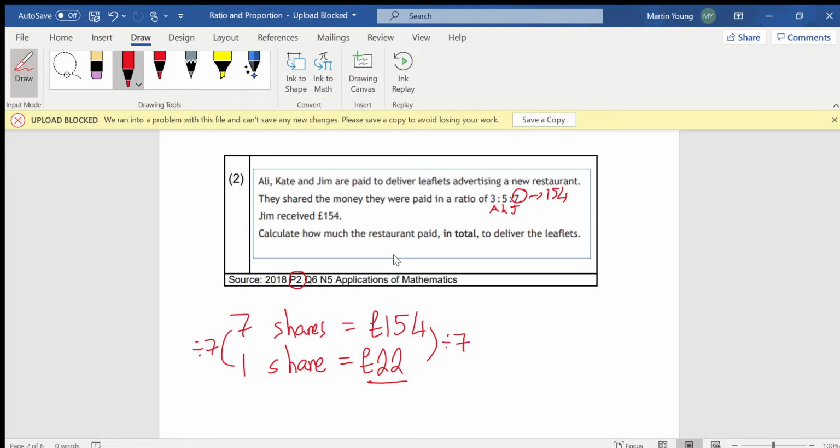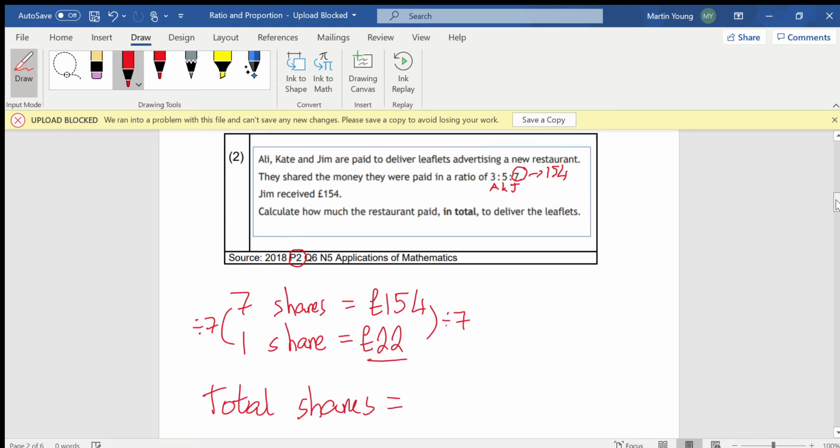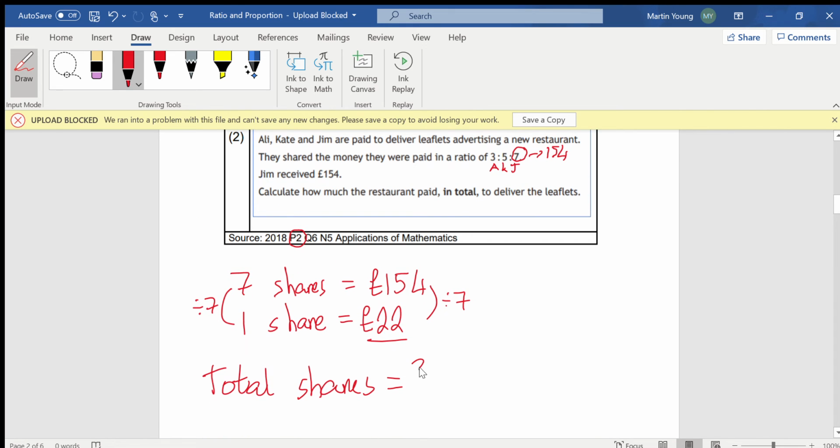Now again, what I could do is work out what amount each person got and then add them all up, but I could also just work out how many shares there were in total. So there was 3 shares, 5 shares and 7 shares. So add those all up to work out the total number of shares, and that was 3 plus 5 plus 7.